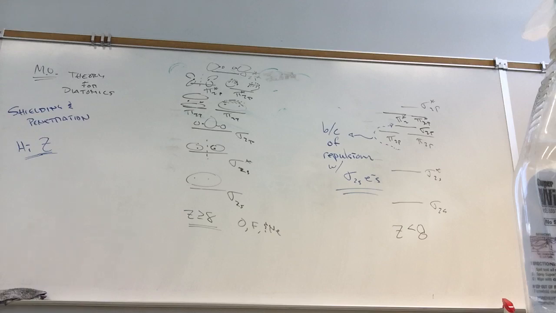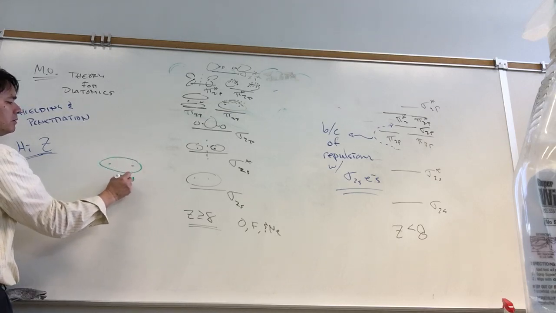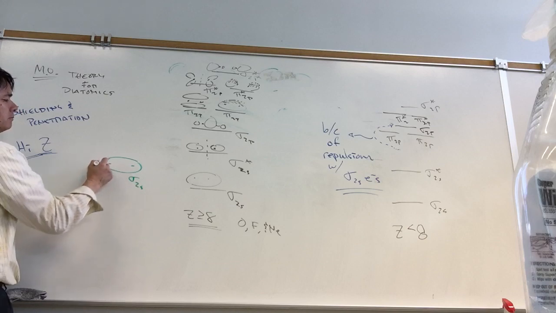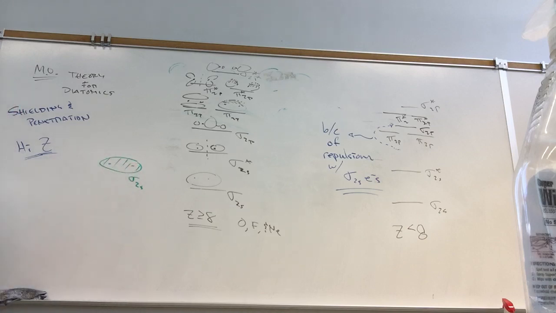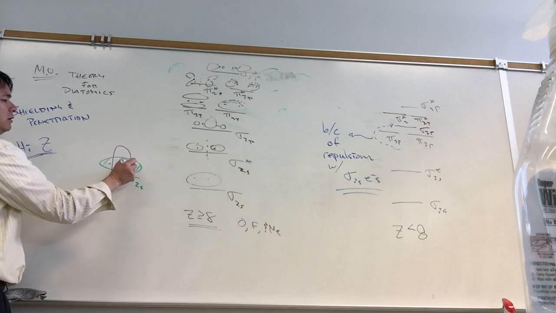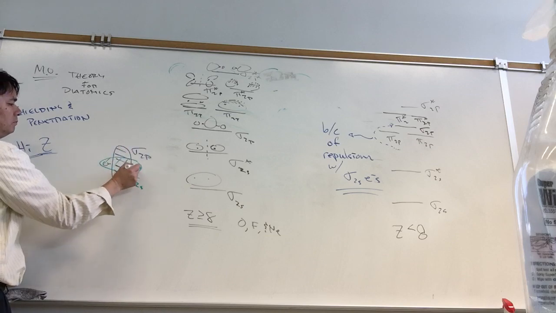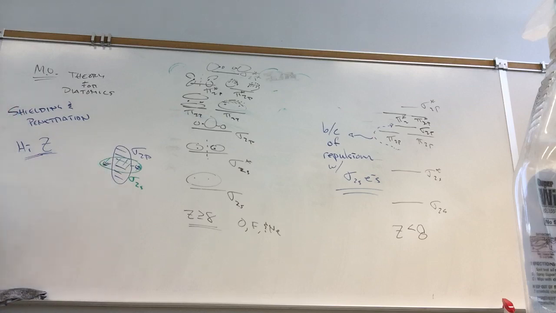S being more penetrating with a high Z, the sigma 2s are pulled in. If you look at a sigma 2p, sigma 2p's are less penetrating, but a sigma 2p occupies the same kind of volume here. And so this would be the sigma 2p. What happens is with high Z, sigma 2s gets pulled in more than the sigma 2p.